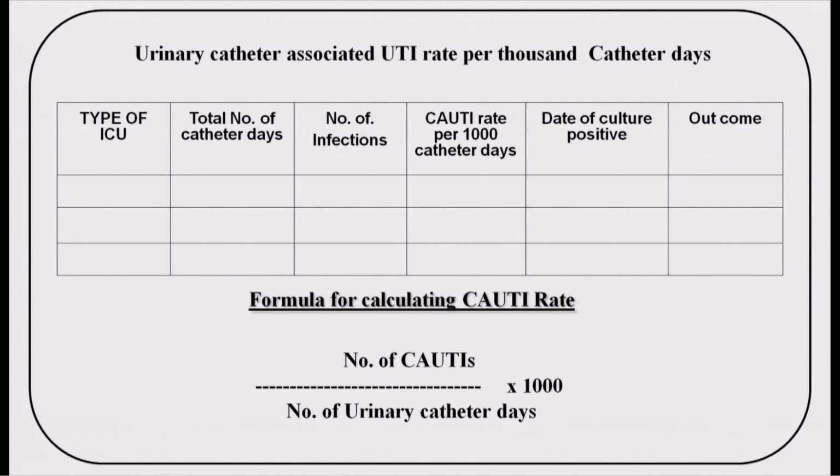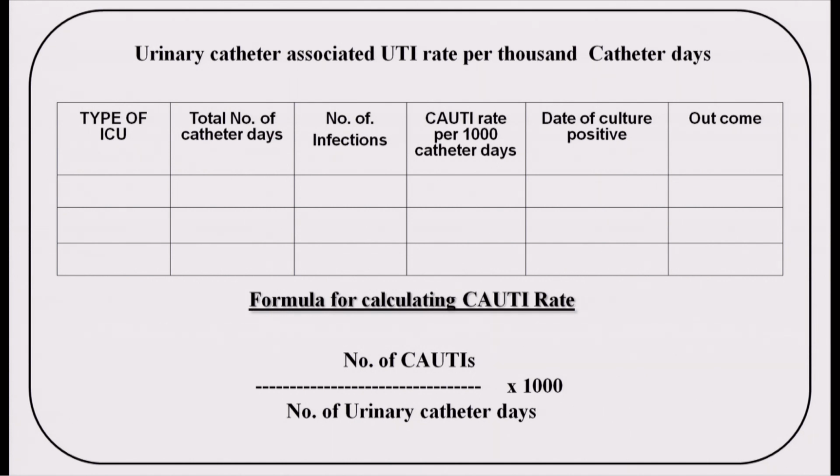Though some hospitals may have parameter differences, some may experience ventilator associated pneumonias as more common, followed by CAUTI. Now, we will discuss catheter associated urinary tract infection. How are we going to calculate the rate? It is again the same formula: the number of catheter associated UTIs, suspected hospital acquired. We are discussing only hospital acquired infections, not community acquired infections.